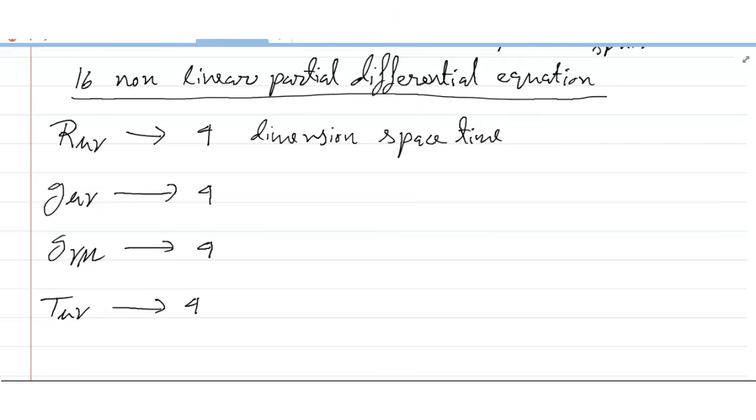So we see 16 equations. 6 equations are duplicate, which makes a total of 10 non-linear partial differential equations.